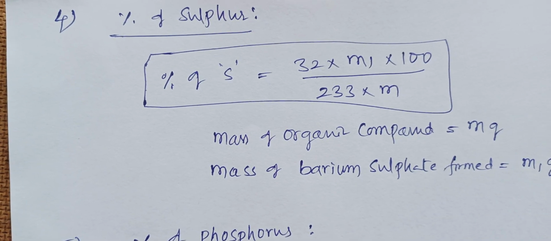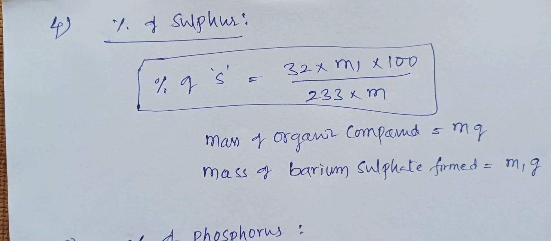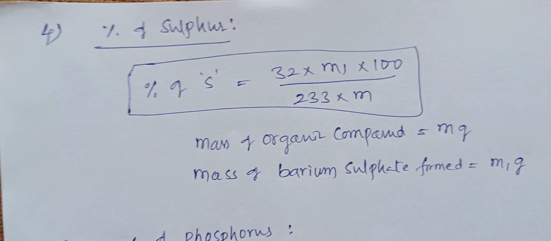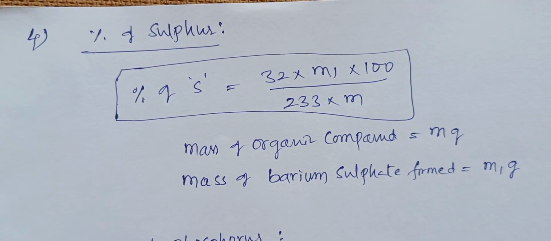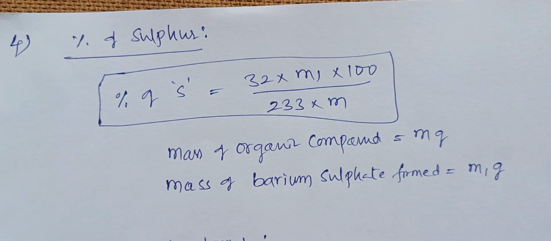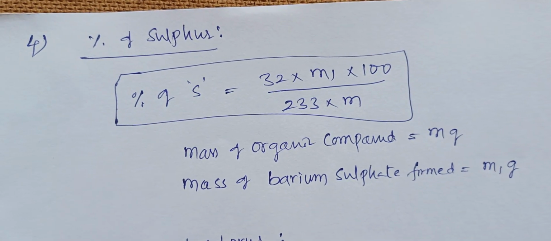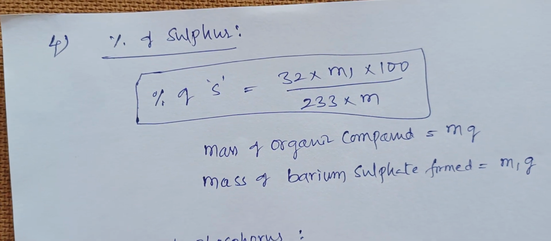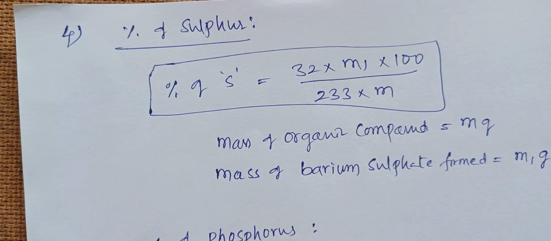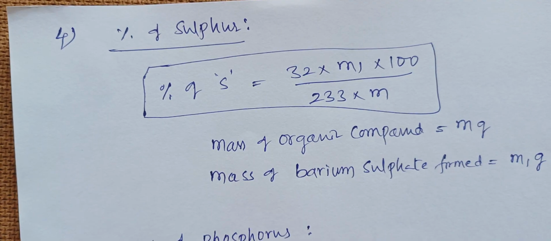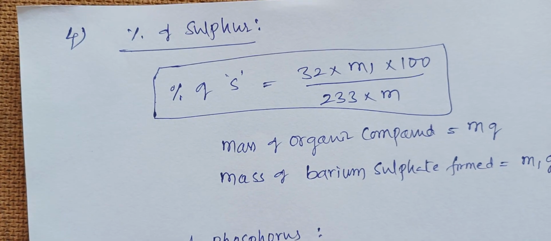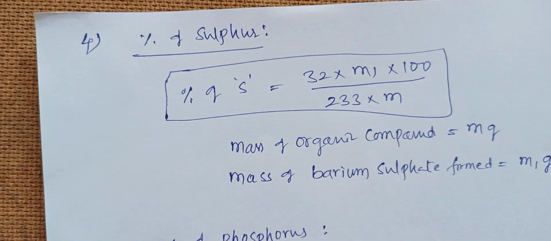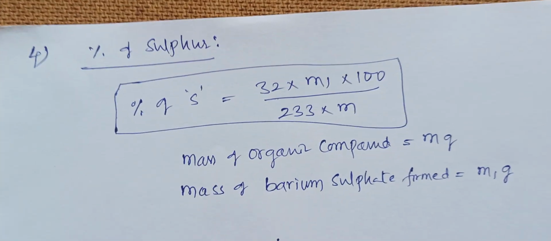By knowing the mass of the organic compound taken, which is m grams, and the mass of barium sulfate formed, that is m1 grams, we can calculate the percentage of sulfur in the organic compound by the formula: percentage of sulfur equals 32 into m1 into 100 divided by 233 into m.